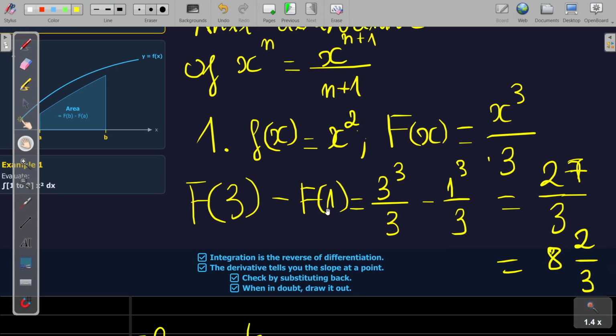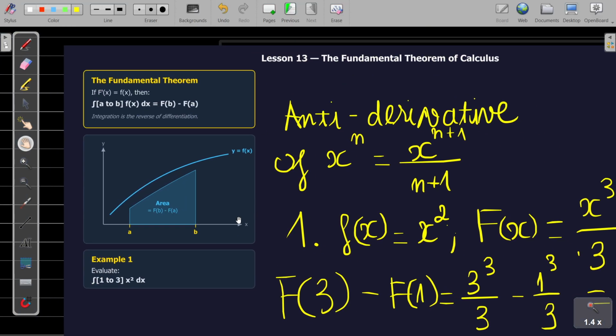And so what I want you to remember, of course, is that integration is the reverse of differentiation. With this habit, you want to find the big F from the small f, finding the antiderivative. Plug in the values from the bounds, and make sure to let the bigger value subtract the smaller value.